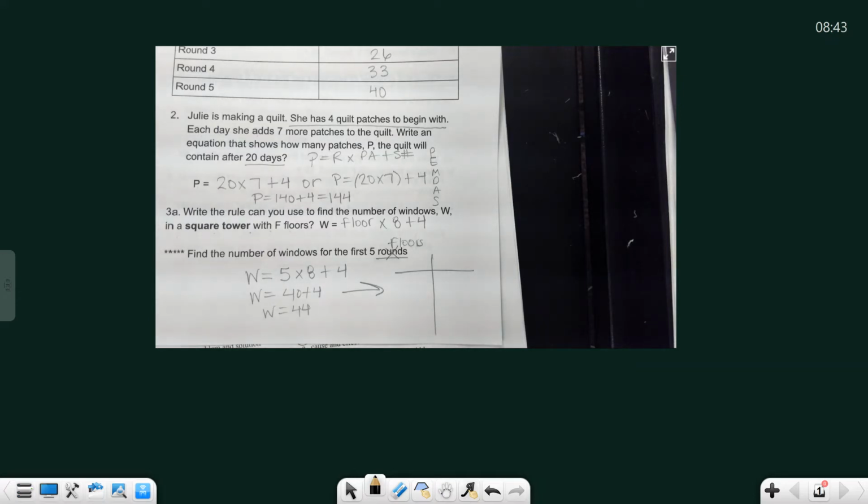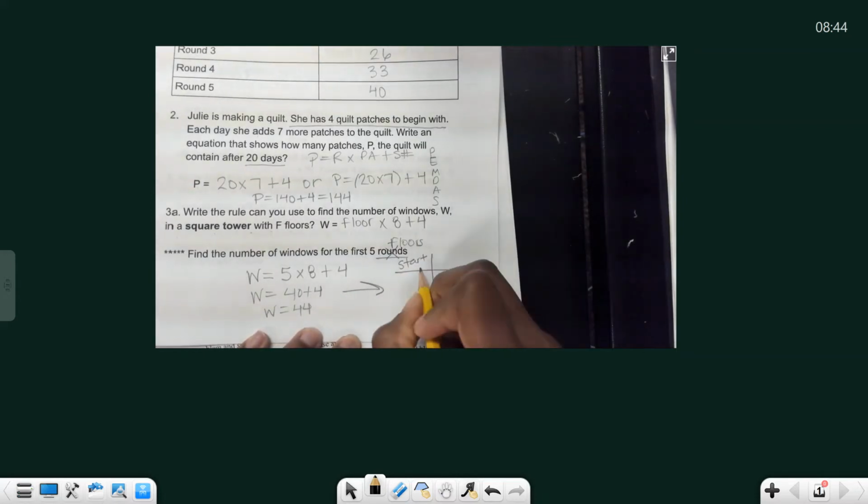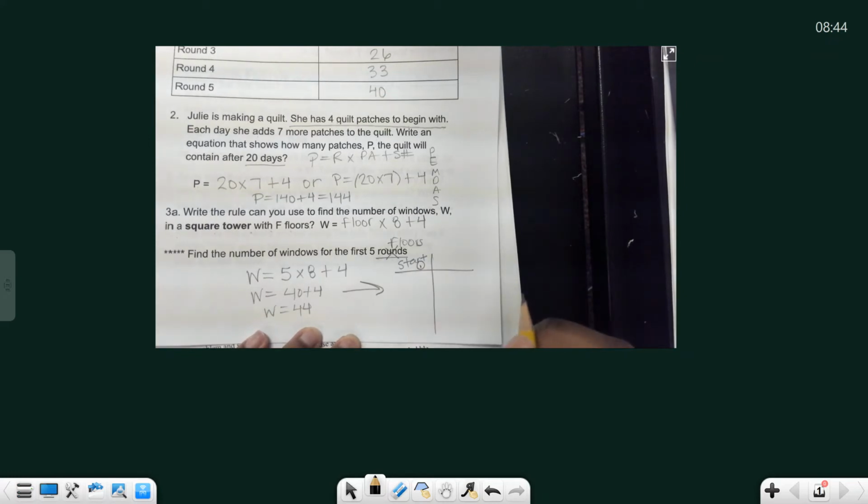Very good. Now, I've given you a pattern too. So, if we start with how many on the square tower? 12. You start with 12. What do you keep adding after that? 8.